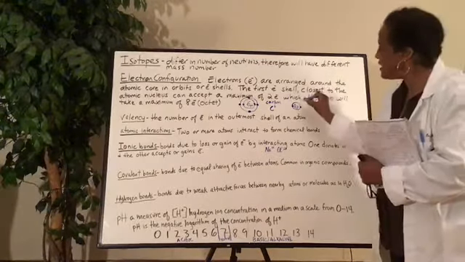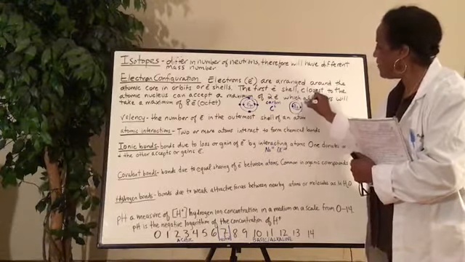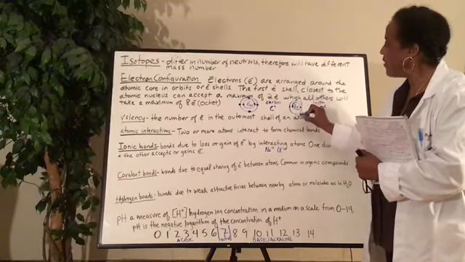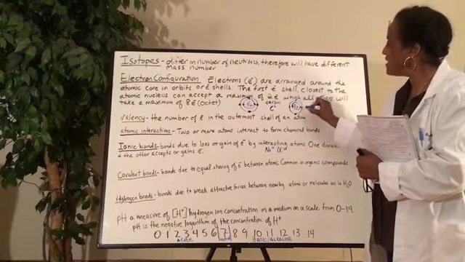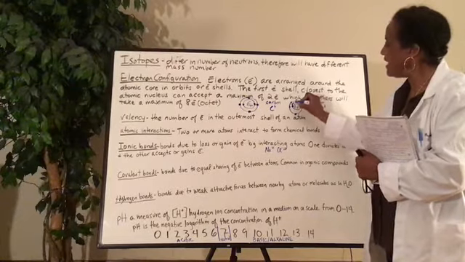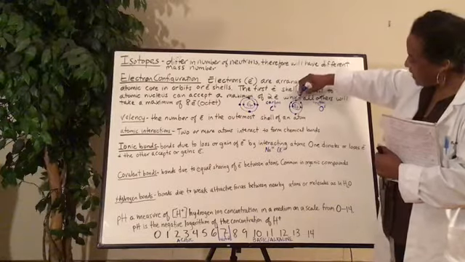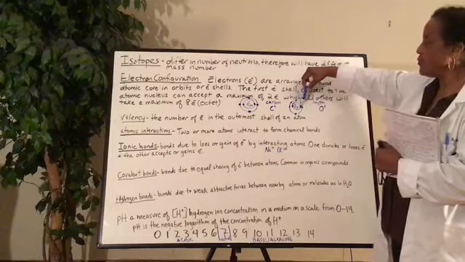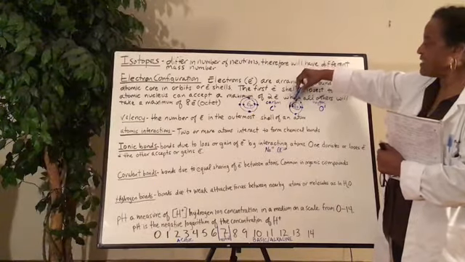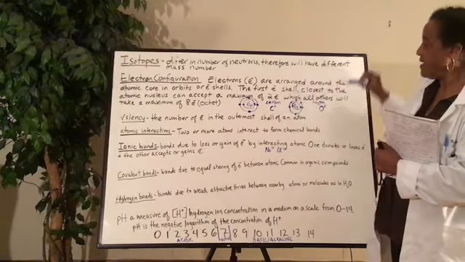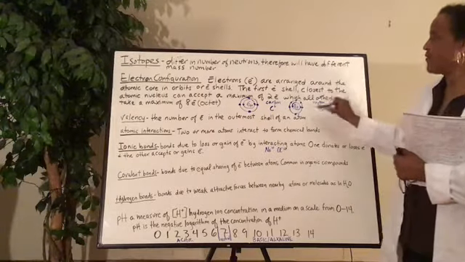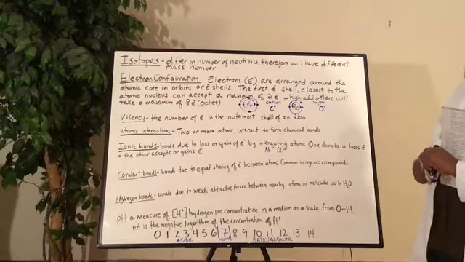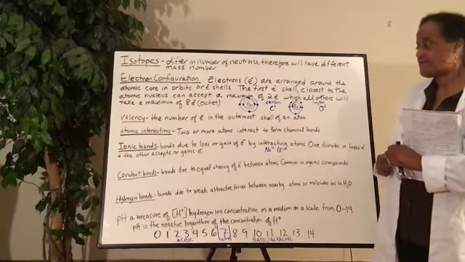So we need 6 more because that'll make 8: 1, 2, 3, 4, 5, 6, 7, 8. Let me make it a little bigger so you can see them. And that will fill the electron shells for oxygen.